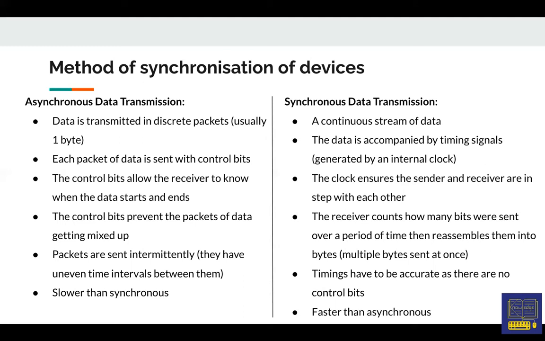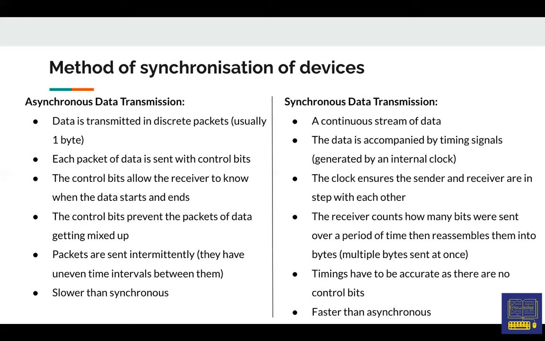All right, so these timings definitely have to be very, very accurate because we don't have any control bits. Since these timing signals are what we use to ensure that the data is correctly understood, this has to be very, very precise, especially since you can imagine the scale at which data is being transferred. It is instantaneous, right?